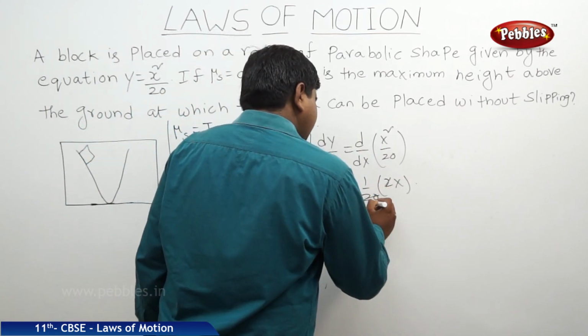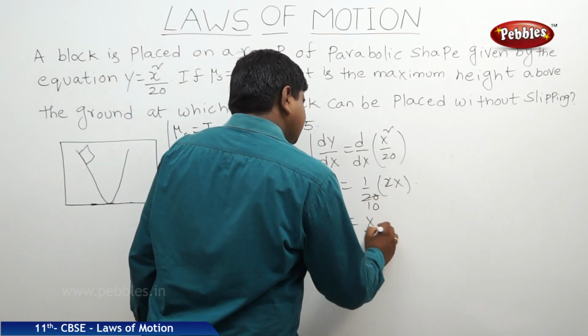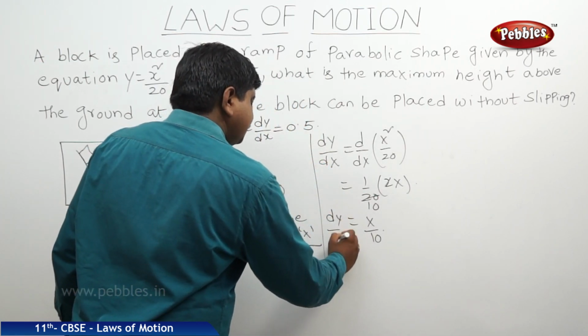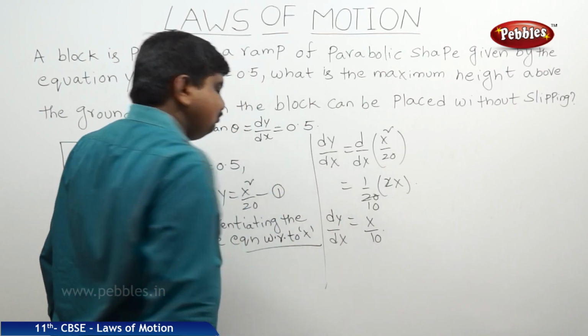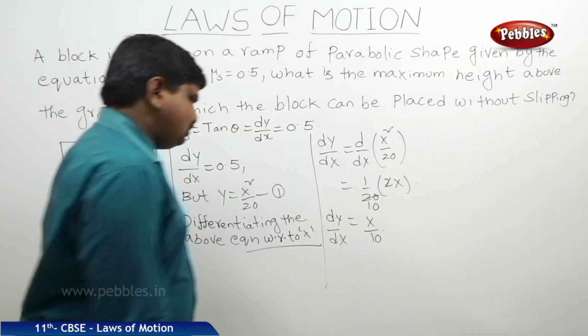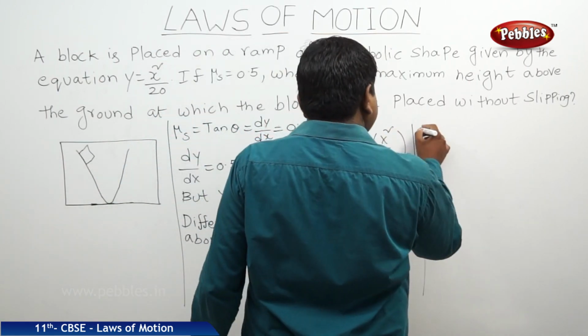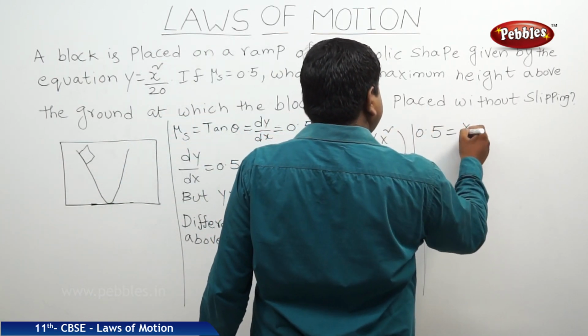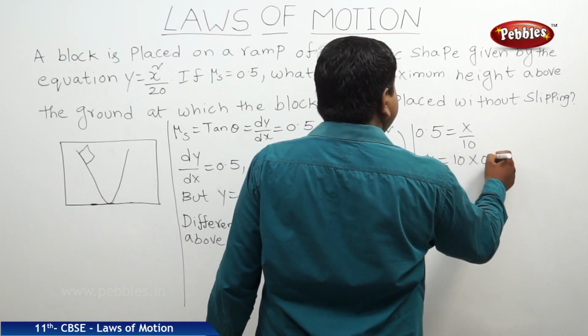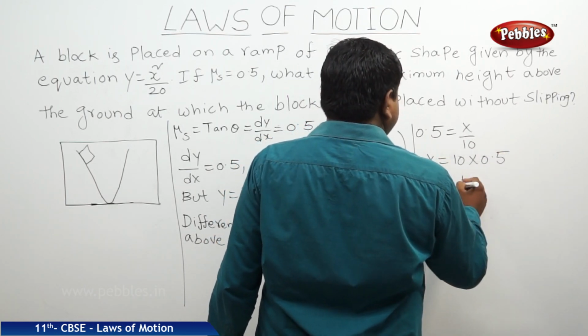This 2 and 20, 10 times, it is x by 10, equal to dy by dx. But we know that dy by dx is equal to 0.5. So we should equate 0.5 is equal to x by 10. Therefore, x is equal to 10 into 0.5, which is 5.